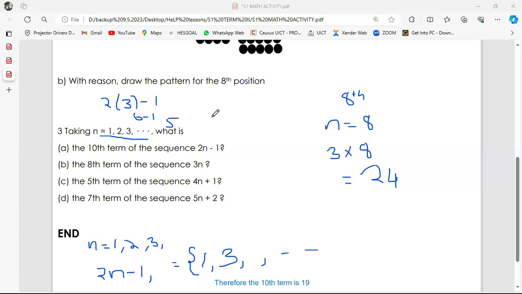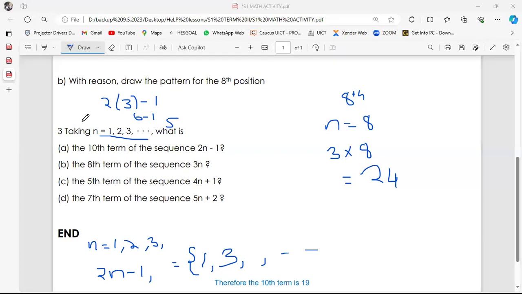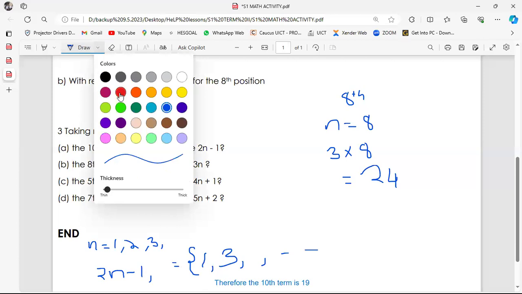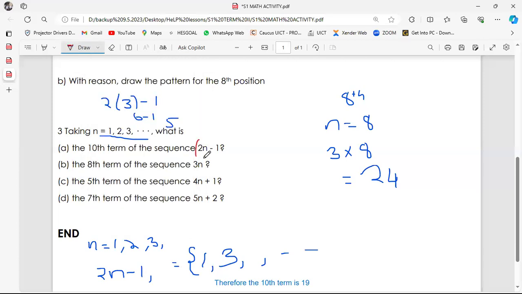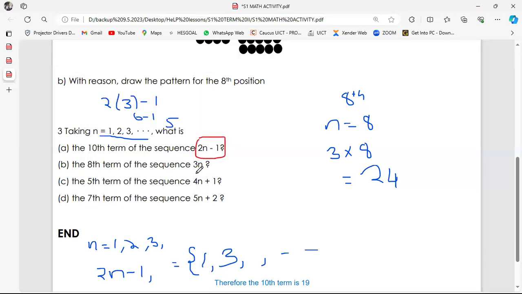For those who have not clearly got that, the next one, the answer is 21, but we're going to see how to get that in our lesson today. What we are seeing here is called the general rule of a sequence, and it is what we are going to study in today's lesson.